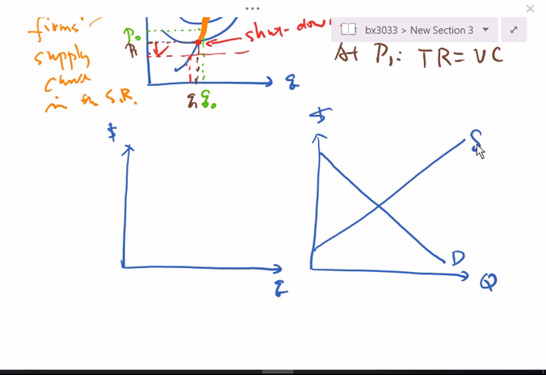And the market equilibrium is P0, big Q0. So from the firm's perspective, each firm is faced with a marginal revenue curve of this many, P0.